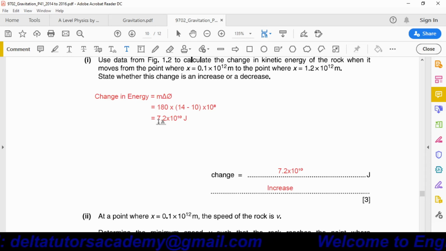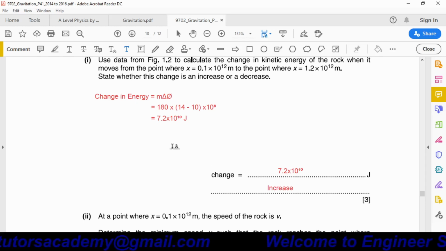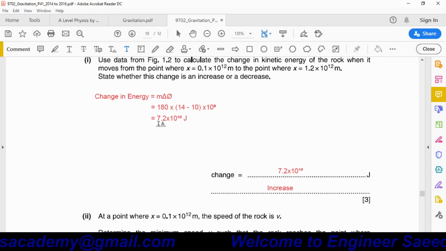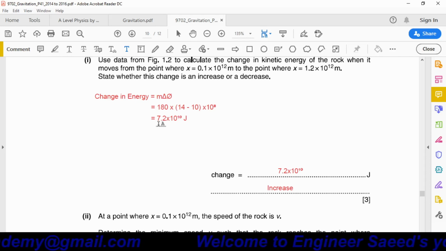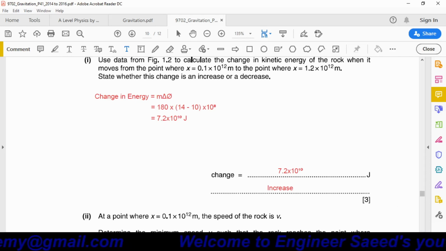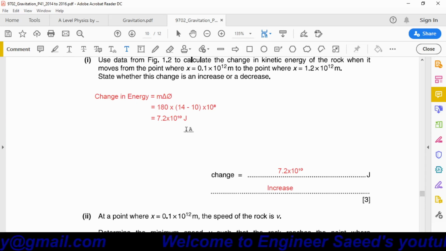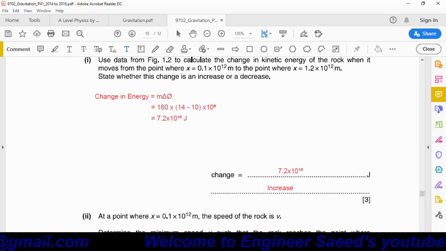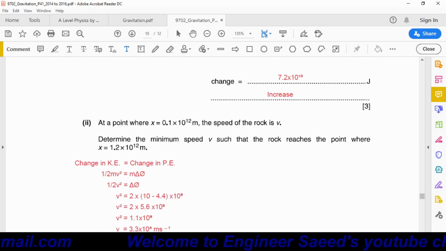Since the answer is positive, we can say potential energy is increasing. If we get a negative answer, then we can say the potential energy is decreasing. So the answer is 7.2 into 10 power 10 joule and the potential energy is increasing.